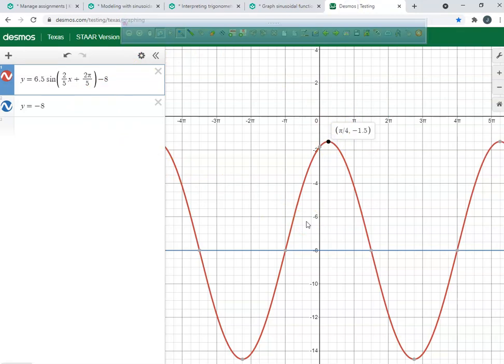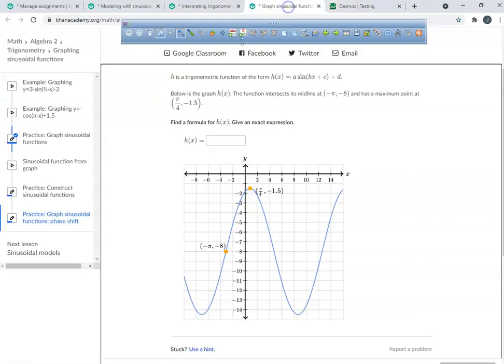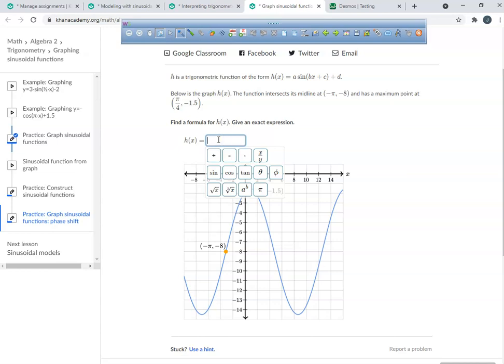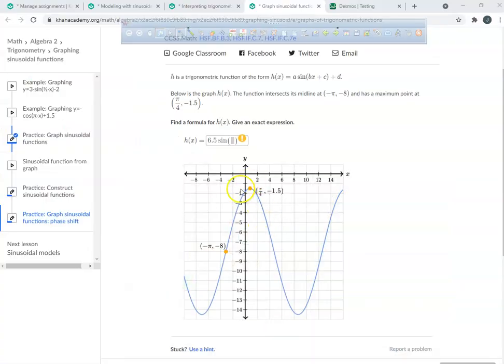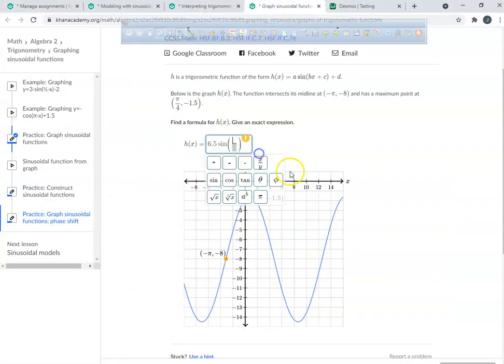I'll help everybody in my class. All right. I wish I could just copy and paste, but apparently you can't. So I'm going to do 6.5. I'm going to type in sine and then open parentheses. And what is it? 2 over 5x, plus, that's where I messed up on the first one, plus 2 pi over 5.